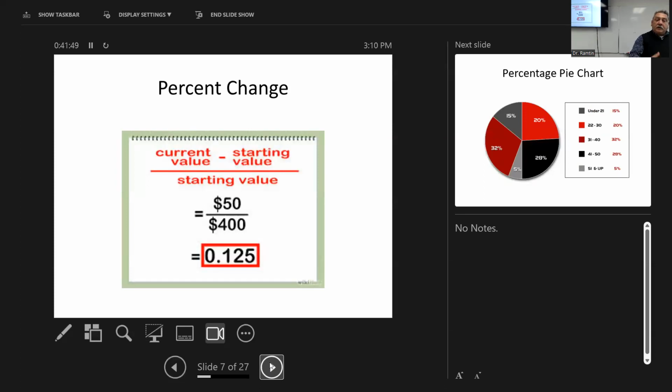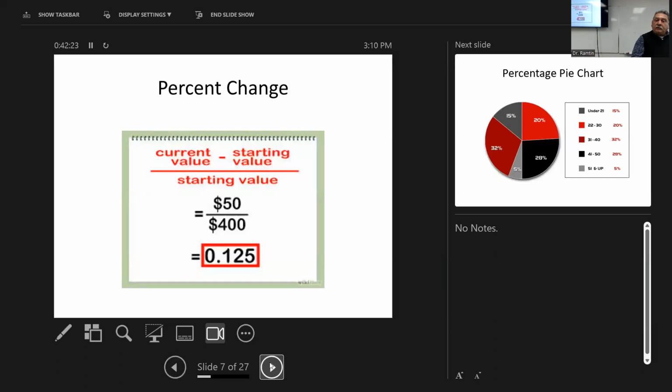So here, if the starting value is $400, it's going to go up to $450. You subtract the two, you get $50. So you are going to save $50. Now, what percentage do you save? You take that increase in the price divided by the original price, by 400.